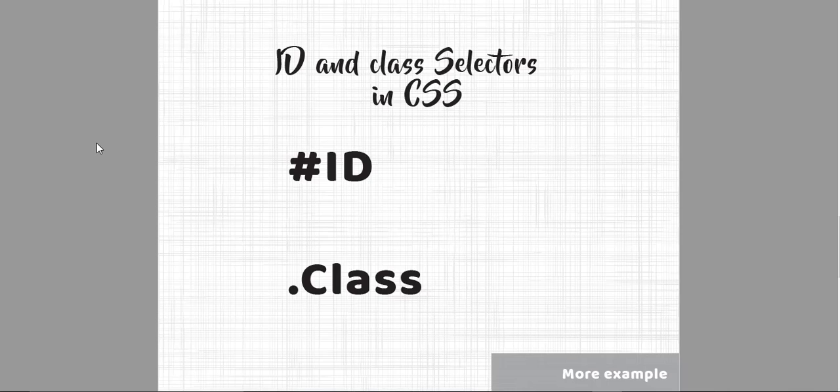Coding in CSS, we must mark what kind of selector we have. If our selector is an ID selector, we must write the hashtag plus the ID name. If it's a class selector, we must write a period plus the class name.